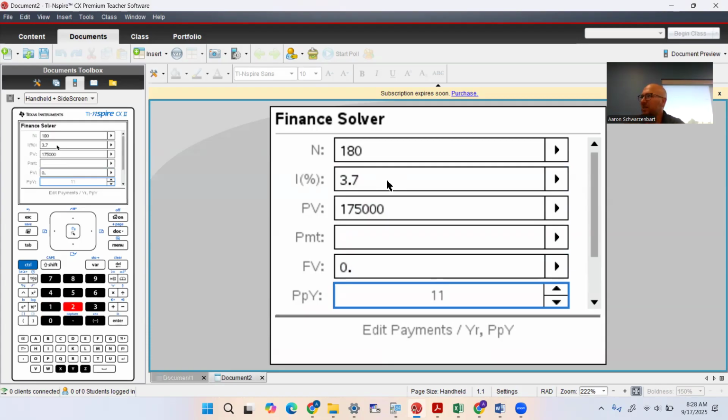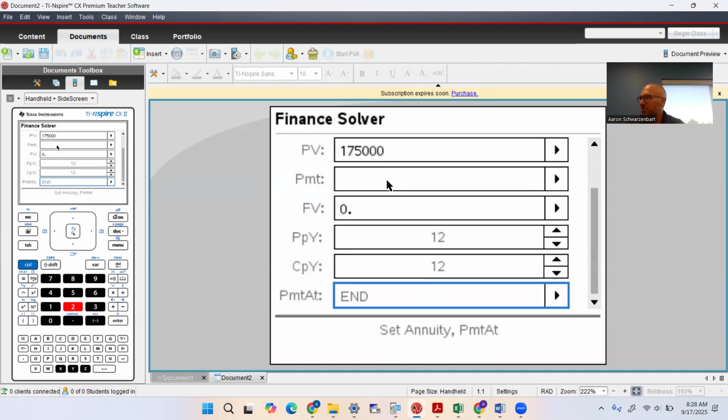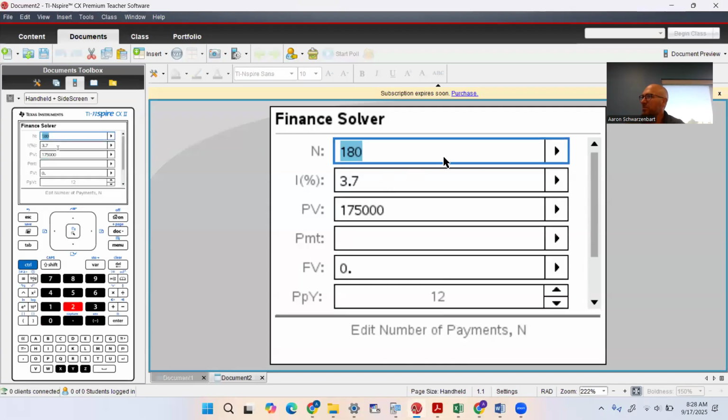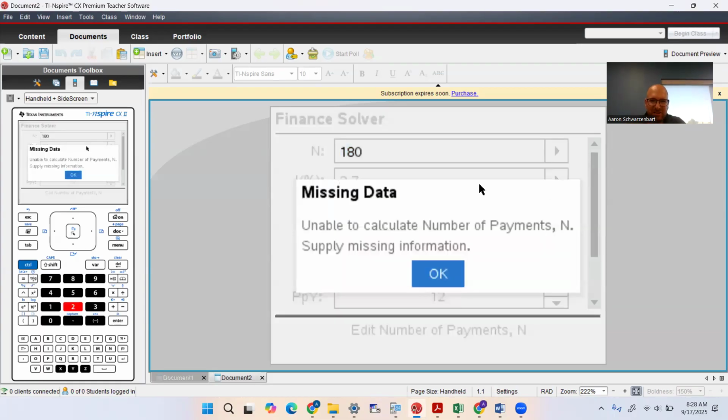This is the icky part about the Inspire. I click the down and it changes it down. I have to be clicked into the middle to scroll down. Now click the side and get in the middle. Now you can scroll down. It says unable to calculate the number of payments, and it's compounding per year.